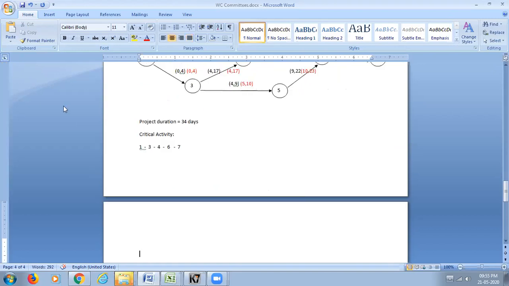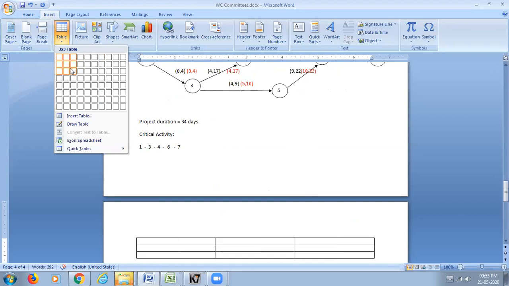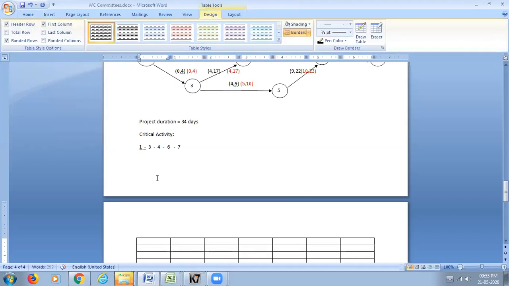a very simple technique. First draw a table with activity, then duration, then activity, A, M, B, duration. Then you can go for standard deviation of the project and variance of the project: activity, optimistic time, most likely time, pessimistic time, time expected, then standard deviation, variance.